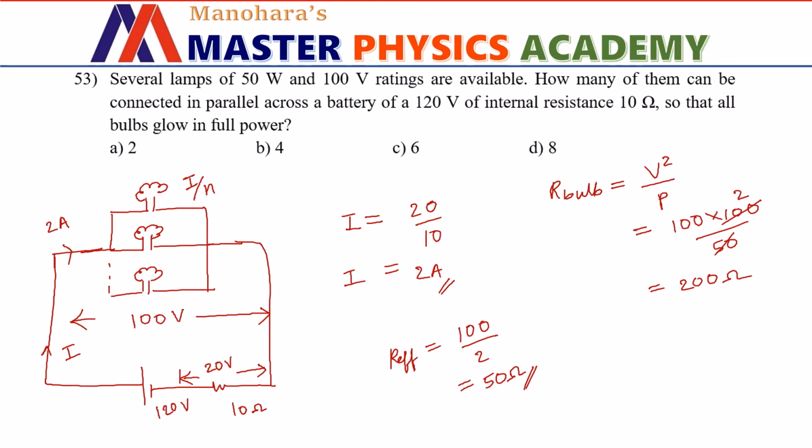So what do I know? R effective formula is resistance of bulb divided by number of bulbs. Then what is the n value here? So resistance of bulb is 200 divided by R effective is 50. So solving this, we get the number equal to 4, which is given in option B.